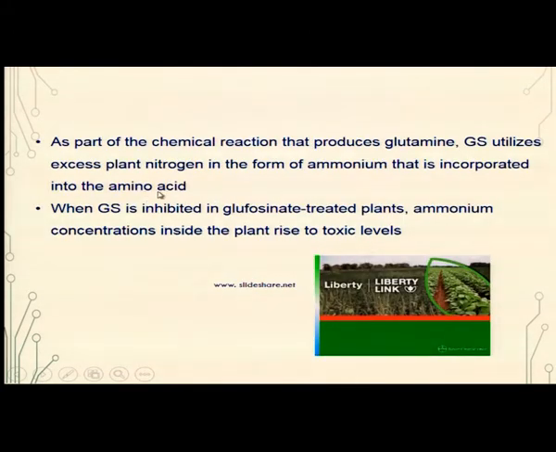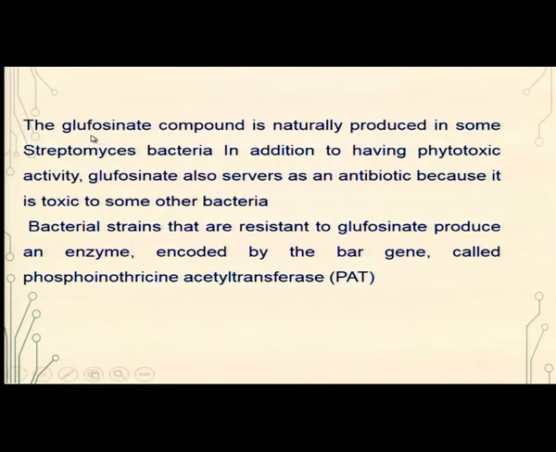As a part of the chemical reaction that produces glutamine, GS utilizes excess plant nitrogen in the form of ammonium that is incorporated into the amino acid. So when GS is inhibited in glufosinate treated plants, ammonium concentration inside the plant will rise to toxic levels.